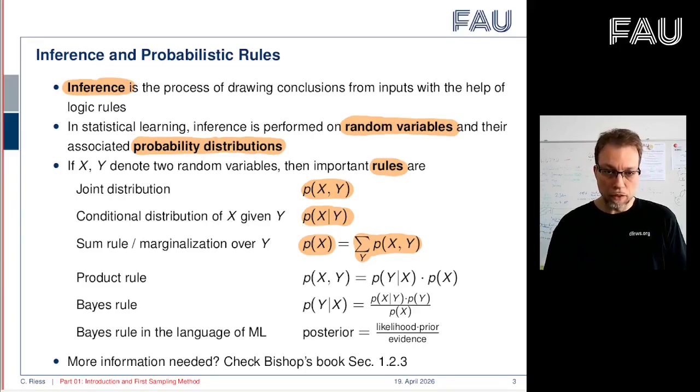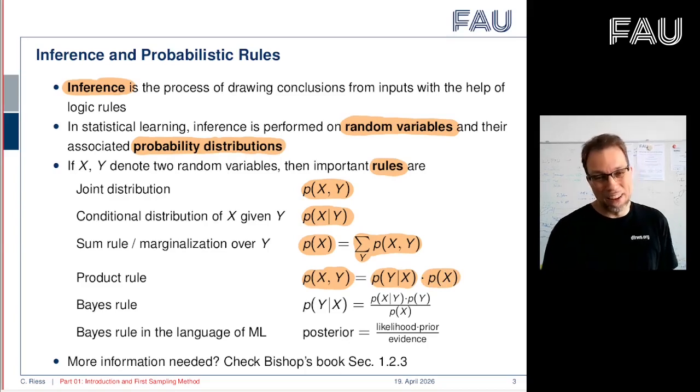Then we have the product rule. A joint distribution of x and y can be formed by multiplying the conditional distribution of y given x with the distribution of only x. So yeah, I leave it like that. And we have Bayes rule, super famous and super important, that says the conditional distribution of y given x equals the conditional distribution of x given y times the probability of y, divided by the probability of x.